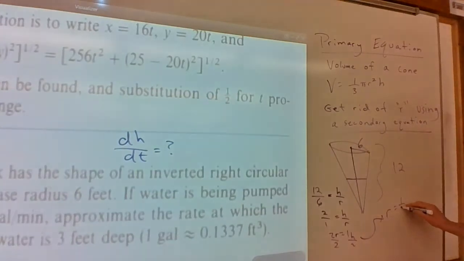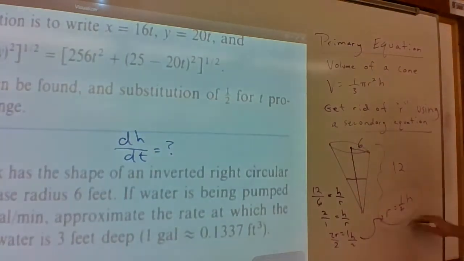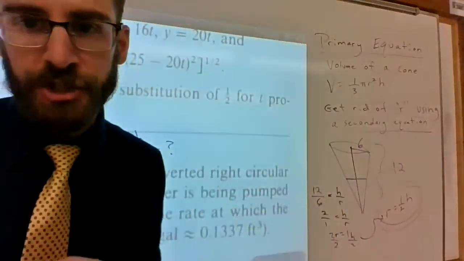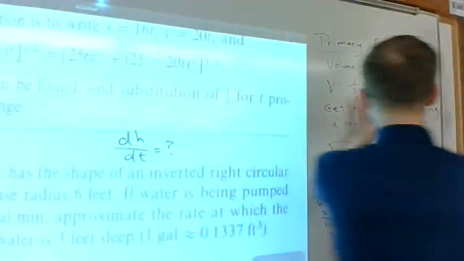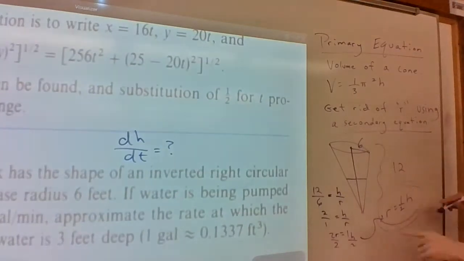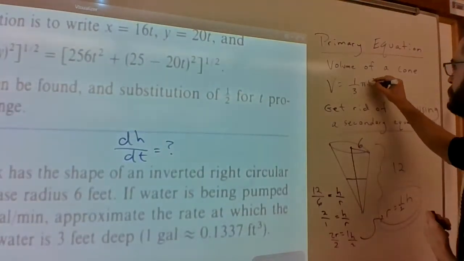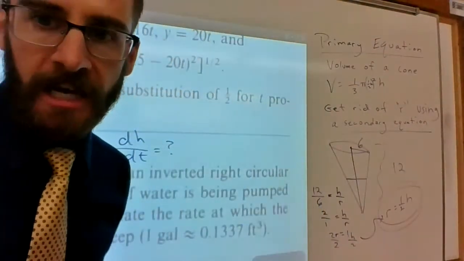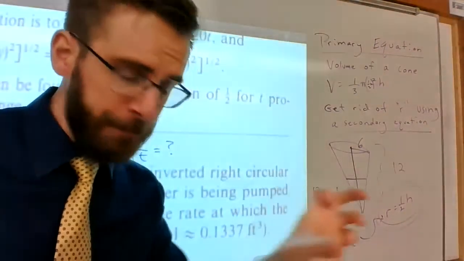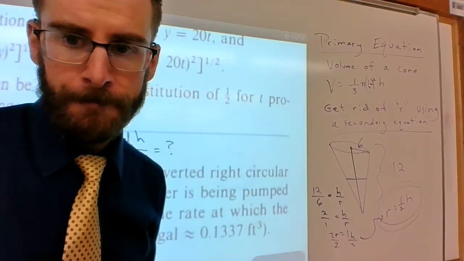R equals 1/2 h. So that r equals 1/2 h now allows us to take r out of the equation and plug in 1/2 h squared. I took the r out, I plugged in 1/2 h squared.